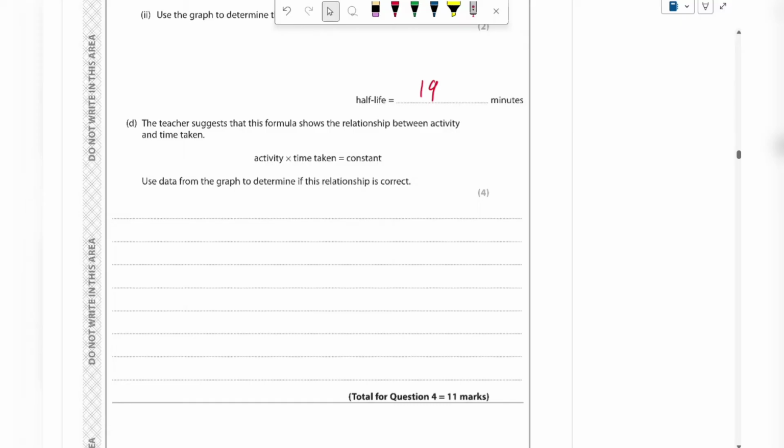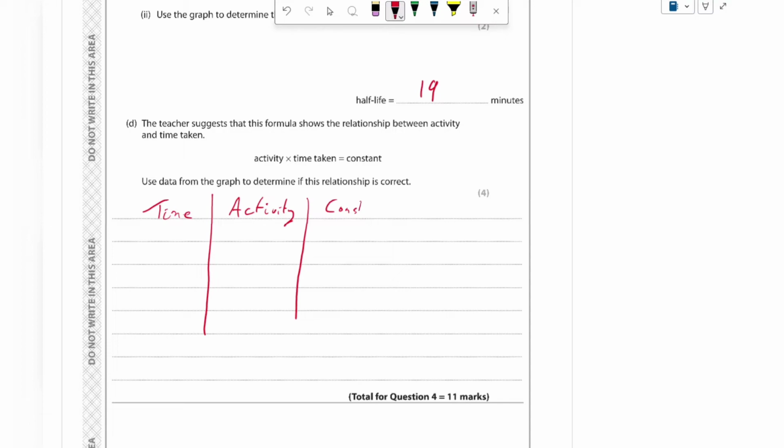Right, okay, one of these questions. So take a few points from the graph. So I think it's probably good to make a little table here. So time, activity, and then constants. Make a little table and do it, I don't know, 3 or 4 times.